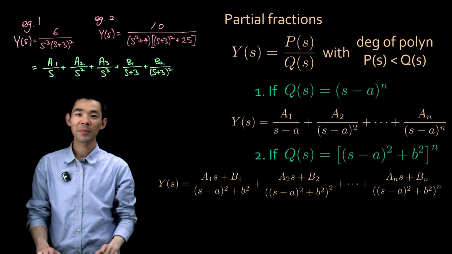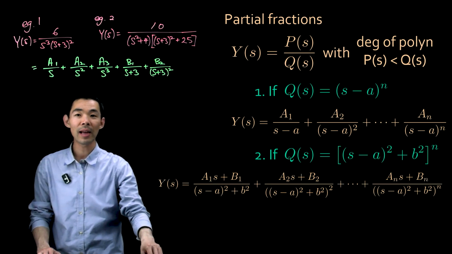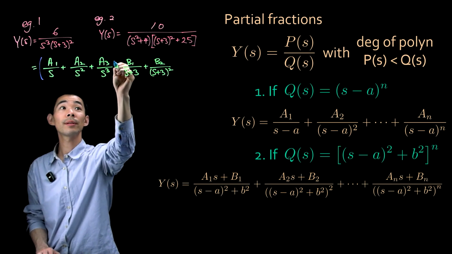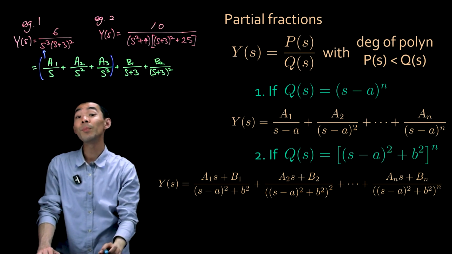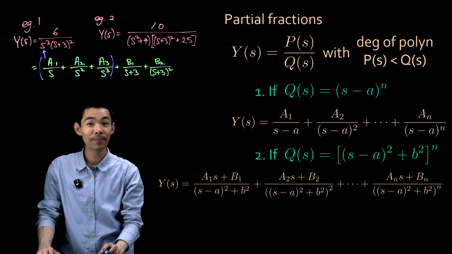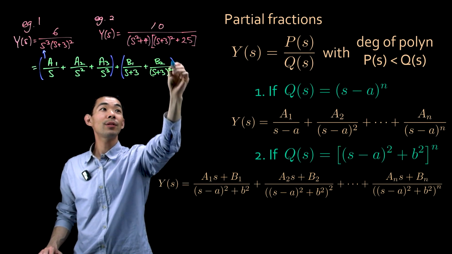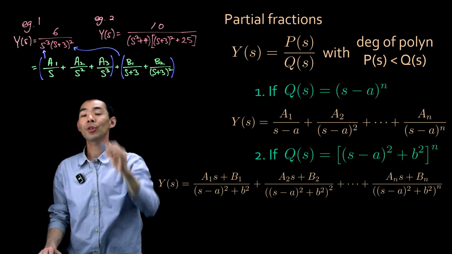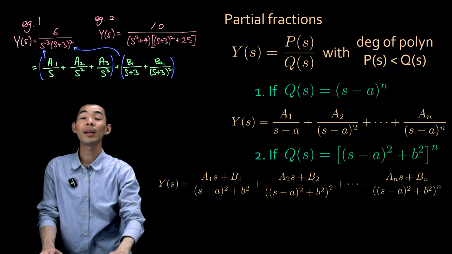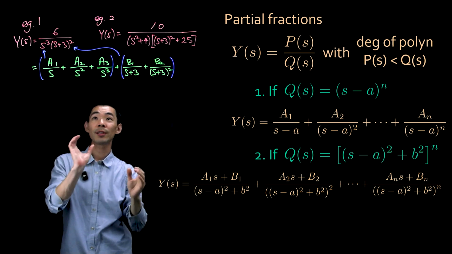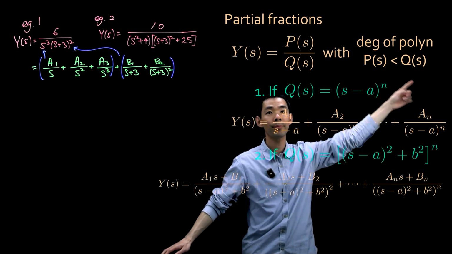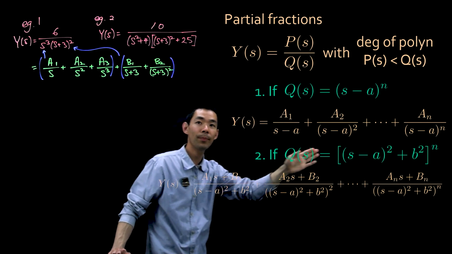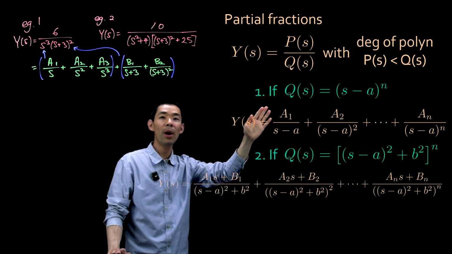Just like this. So what you can see is that the first 3 terms right there belong to an expansion of 1 over s cubed. And the next 2 terms belong to an expansion of s plus 3 quantity squared. So you can see how I adopted rule number 1, this rule, where I've taken a polynomial degree.